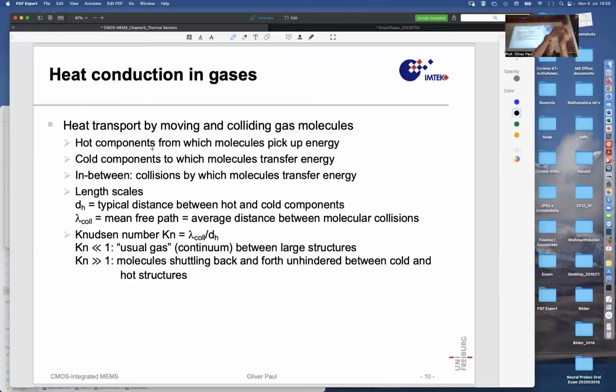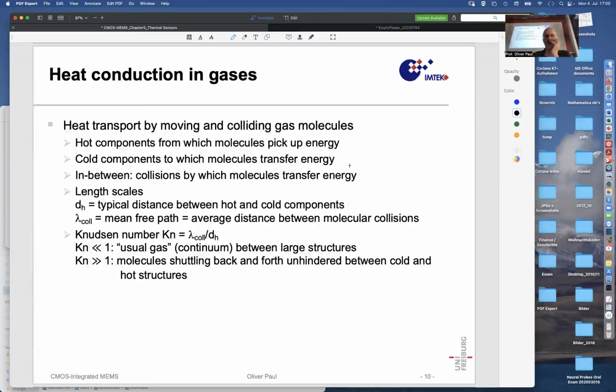Then these hot gas molecules diffuse and transmit their energy to other gas molecules. Therefore, heat energy is transported through the gas, either by collisions, which would be conduction, or by motion of these gas molecules. If there is motion, then we talk about convection.